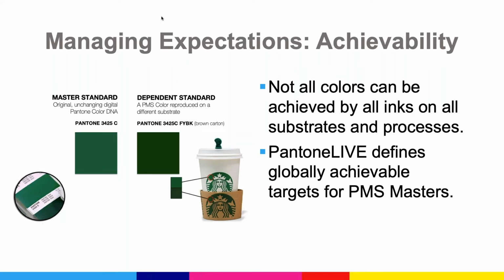And so what we do with these dependent standards is to create an achievable target which is defined as something with globally accessible and generally available pigments that are a nominal condition for those in the industry of water-based Flexo, represented relatively from the substrate that dependent library is defined for, so that now it's not to match the original color, because in many cases you just simply can't.